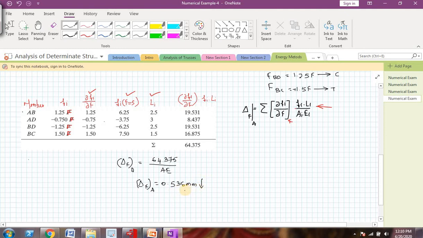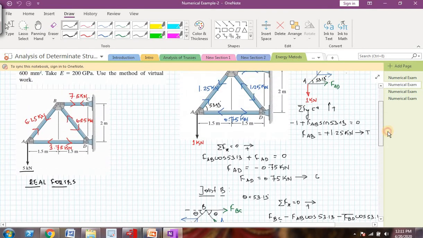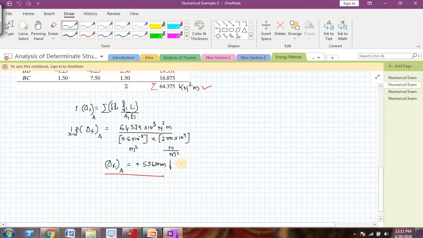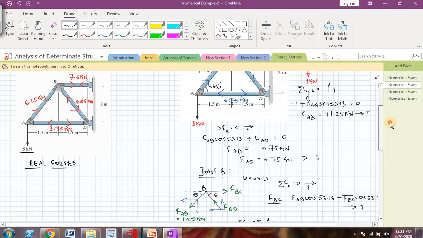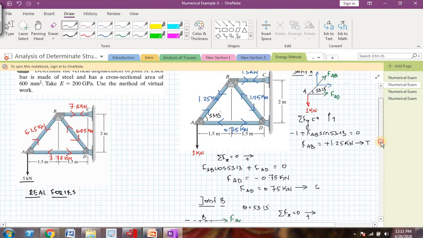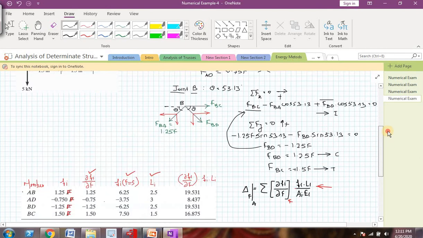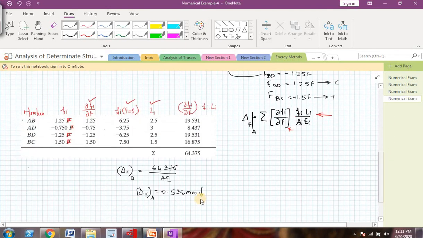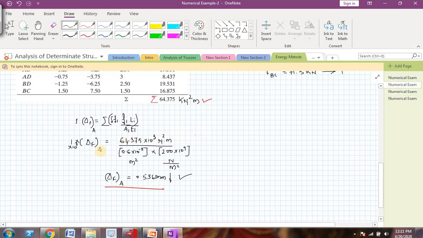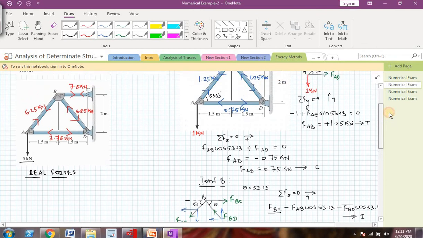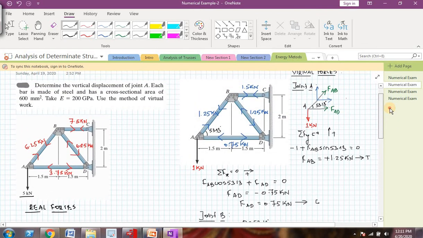Now you can compare this value with the one which we have found in this one. We are getting the same value. So this is the same truss, but we have solved using the virtual work principle. I'm getting the same value, and when I solve that same problem using Castigliano's theorem, I'm getting the same value. So the A and E values are actually given here. The A value, that is cross-sectional area, is 600 millimeter square, and the Young's modulus is 200 gigapascal.